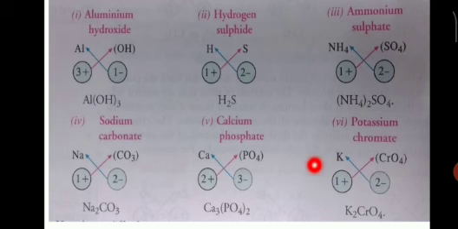So it gets K2. Chromate is having the valency 1, so we are not specifying the bracket, just writing CrO4. So what is the formula of potassium chromate? K2CrO4.